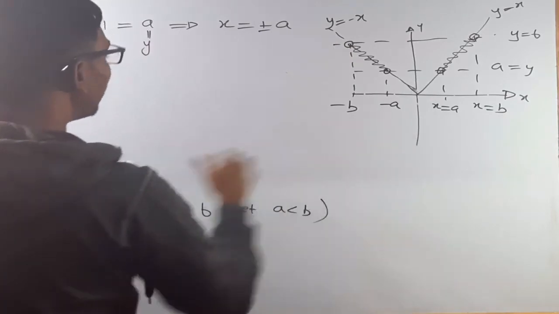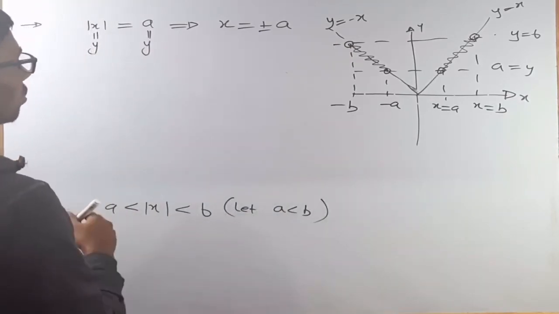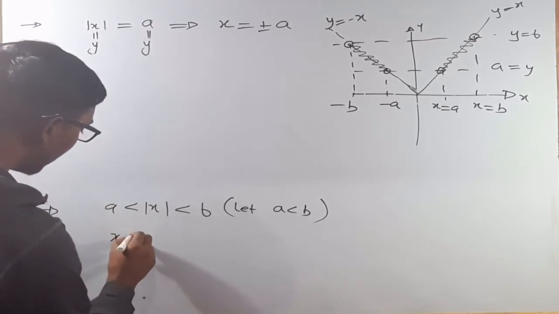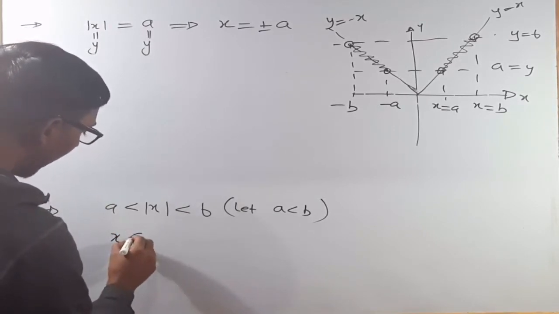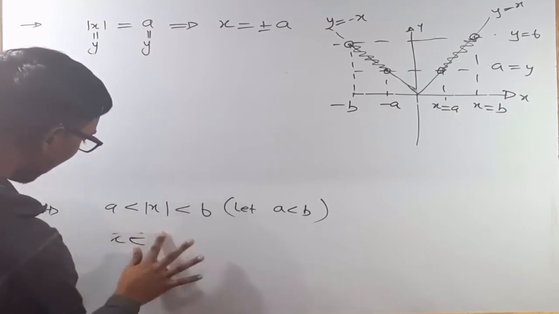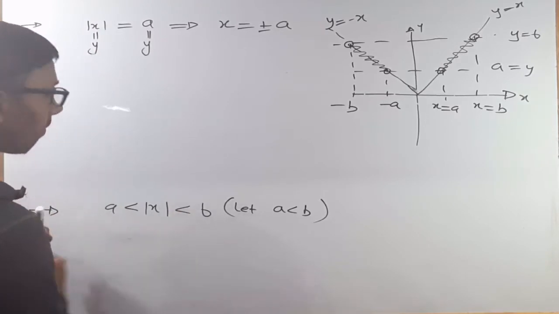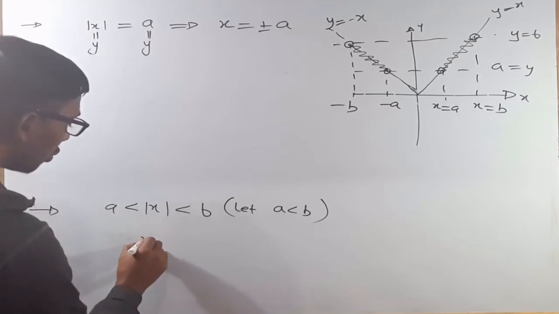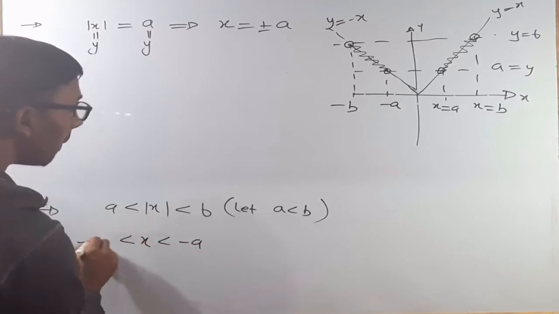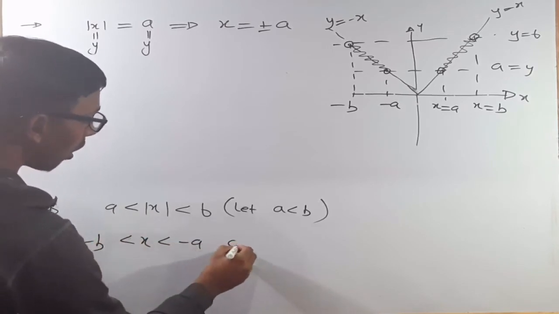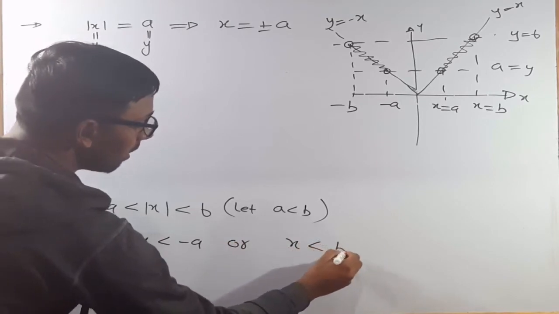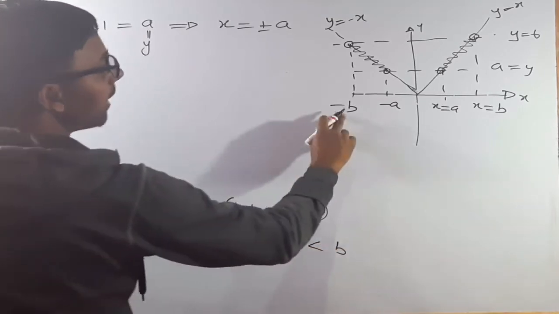So we can find the values of x from this. I am going to write the values of x for which this inequality is satisfied. x belongs to, I am going to write in another way: x should be greater than minus b and less than minus a, or x should be greater than a and less than b.